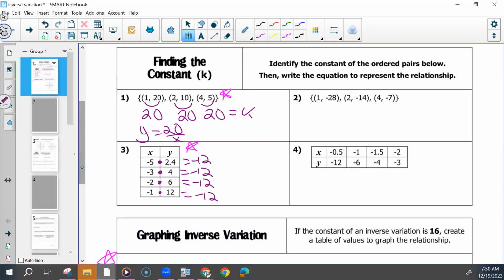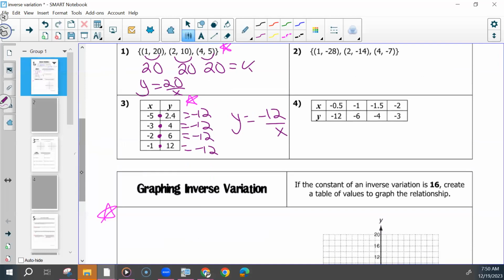So that means that is our k value. How would we write this equation? Correct. y equals negative 12 over x. So if the value wasn't constant, then it wouldn't be inverse when you multiply, or if we're dividing, it wouldn't be direct.